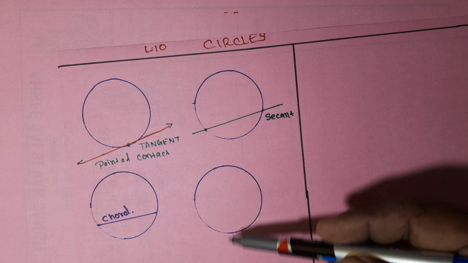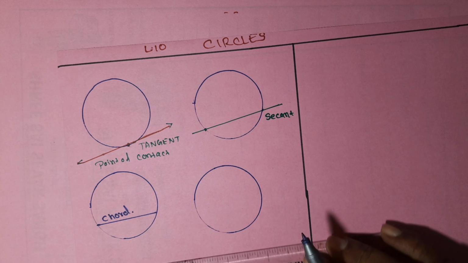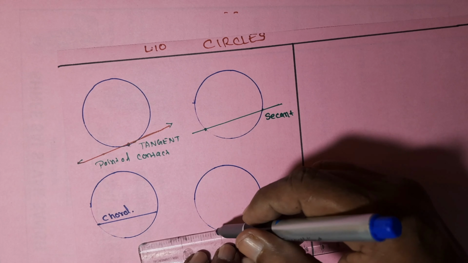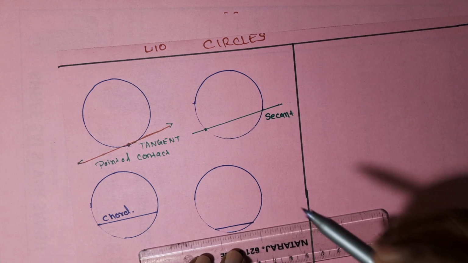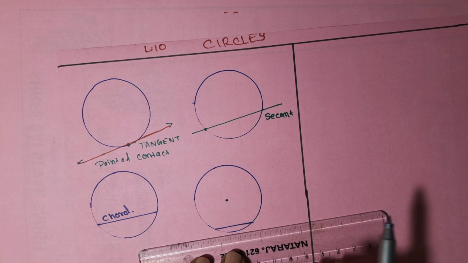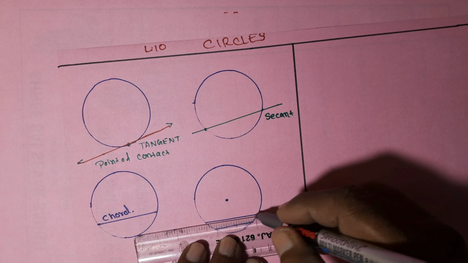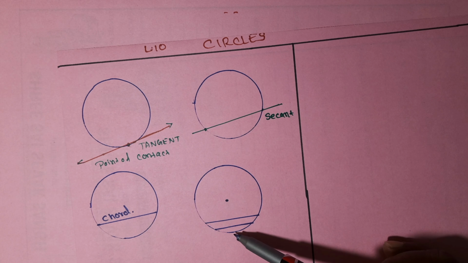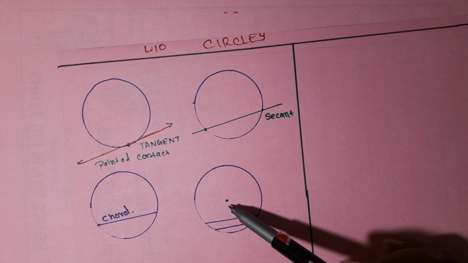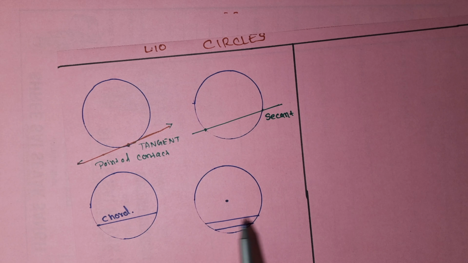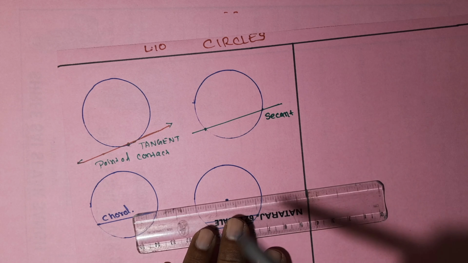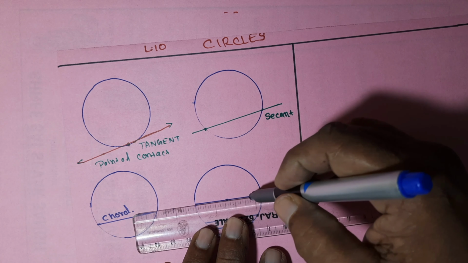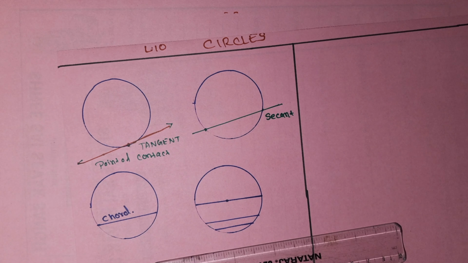Now if you go on drawing the chords, suppose you see here is one chord, this is the center, okay, another chord. Now you see, while these chords are going towards the center, their length is increasing. At last, one line which crosses from the center, that is the longest chord, and that longest chord is called diameter.